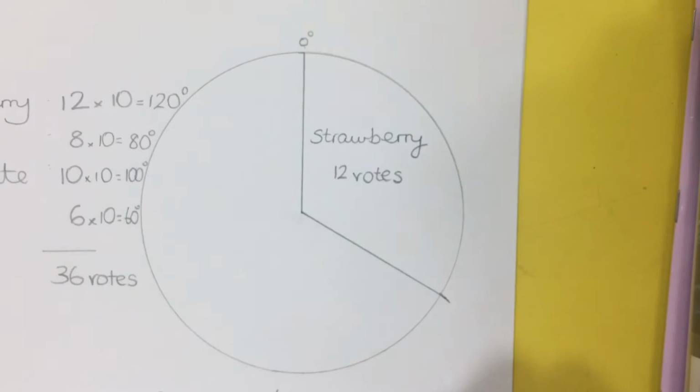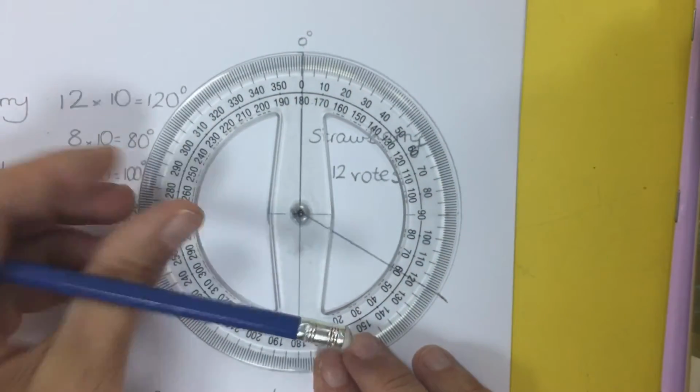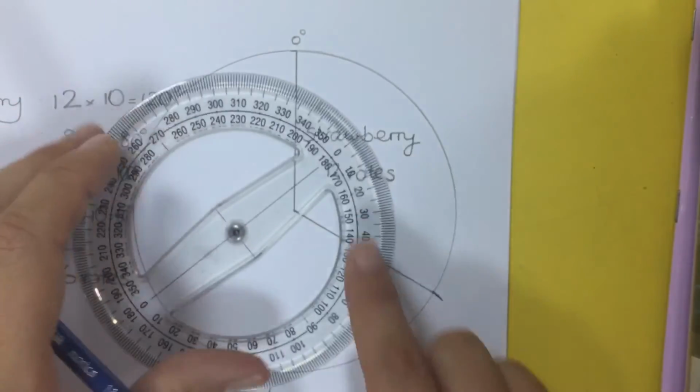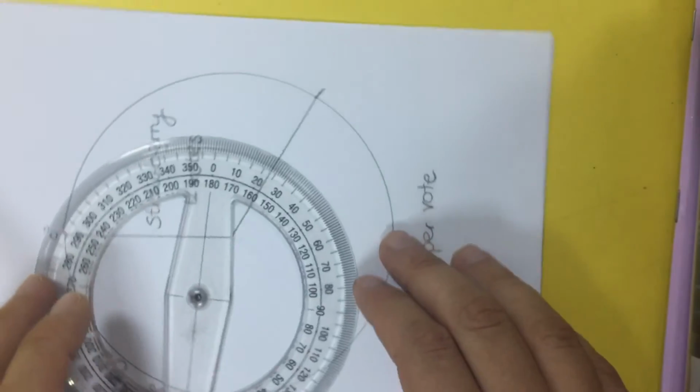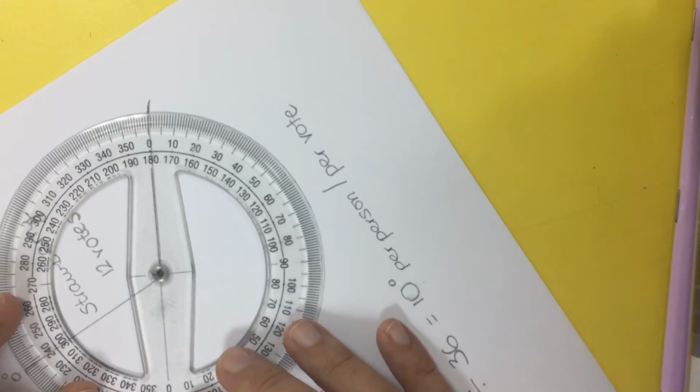Now I am going to do vanilla next. You can either carry on from where you were, so you can go from 120 round to 200, or you can reset the protractor completely, turn the 0 to face the new start point, and turn the page around as well.